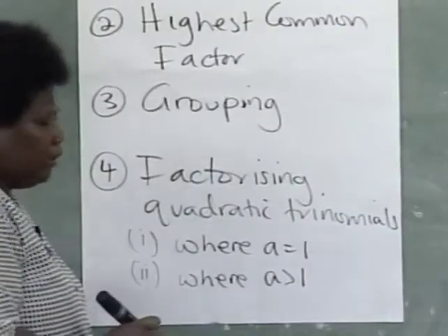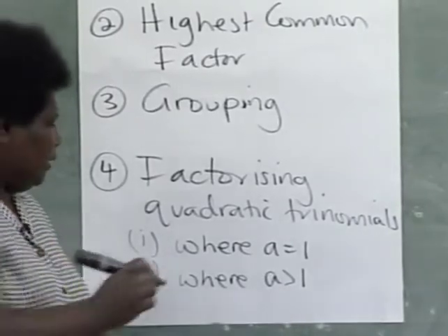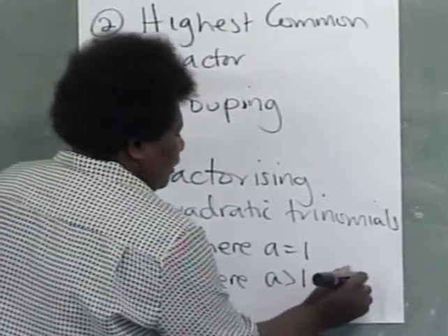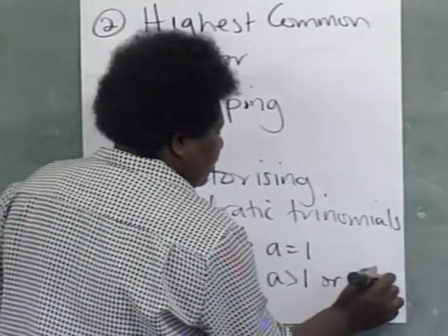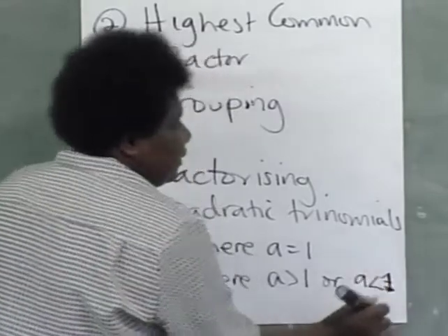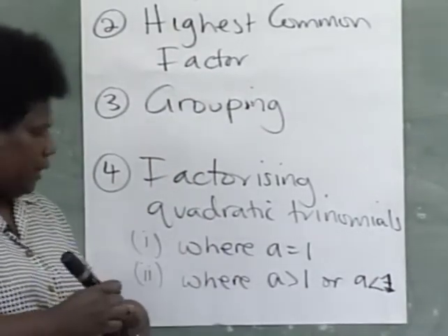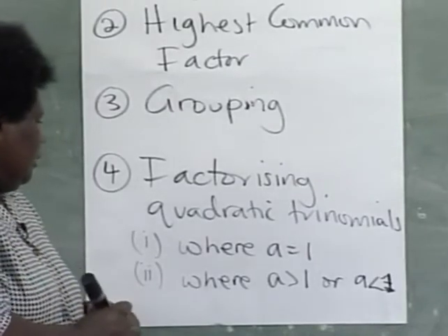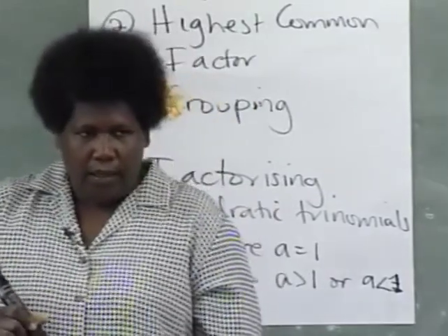I should have also said here a can also be less than 1 because we can have negative numbers as well instead of just positive numbers. So where a is greater than 1 or where a is less than 1.